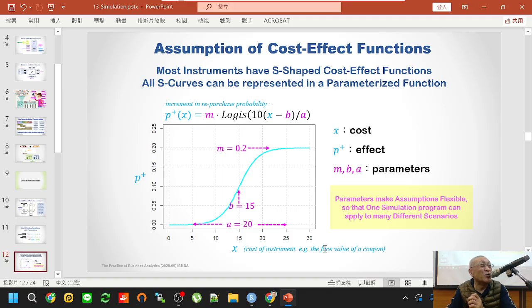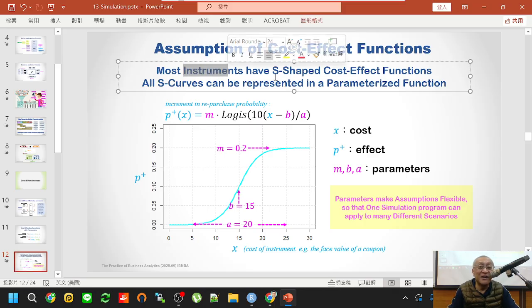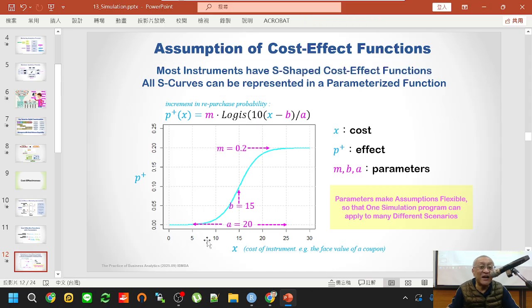We already explained what the S-curve is, okay? So basically, most market instruments have an S-shaped cost-effect function, okay? As I have explained, if you send the cash coupon of just $5, maybe this is the cost of the instrument, okay?